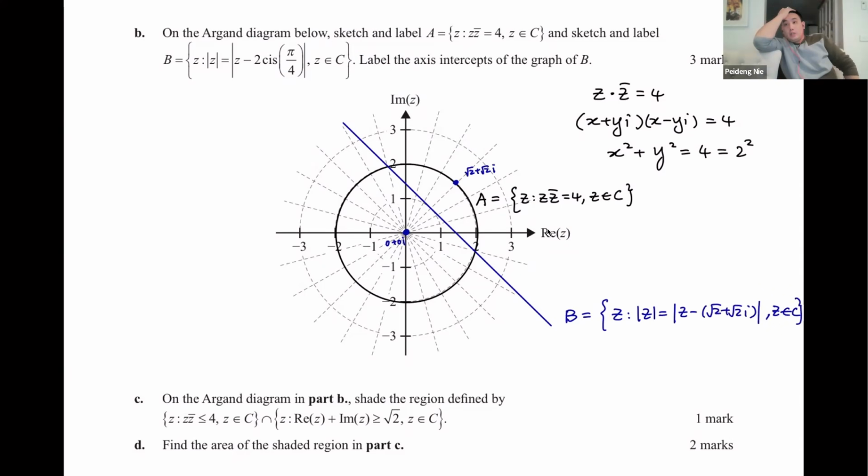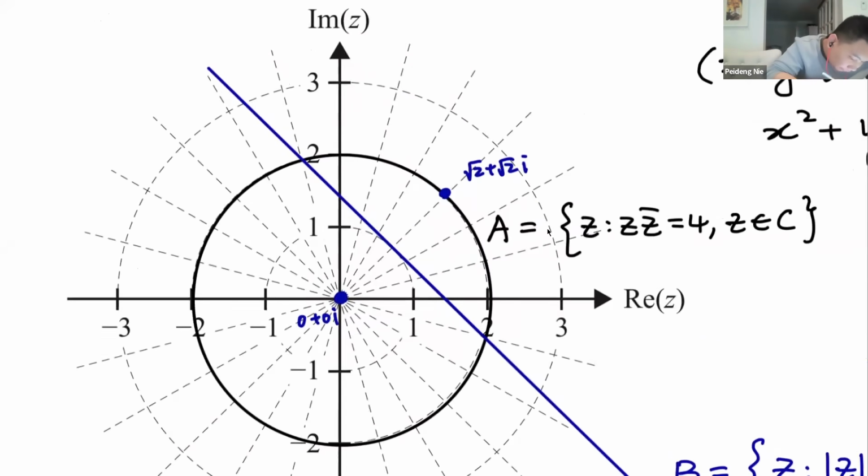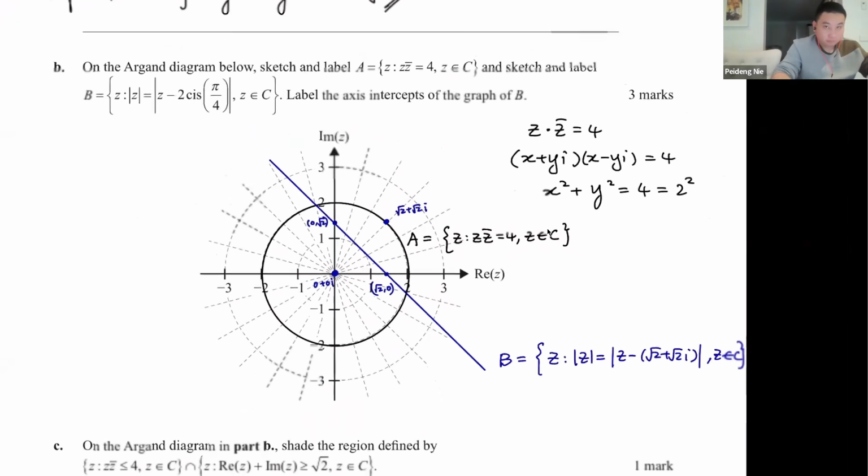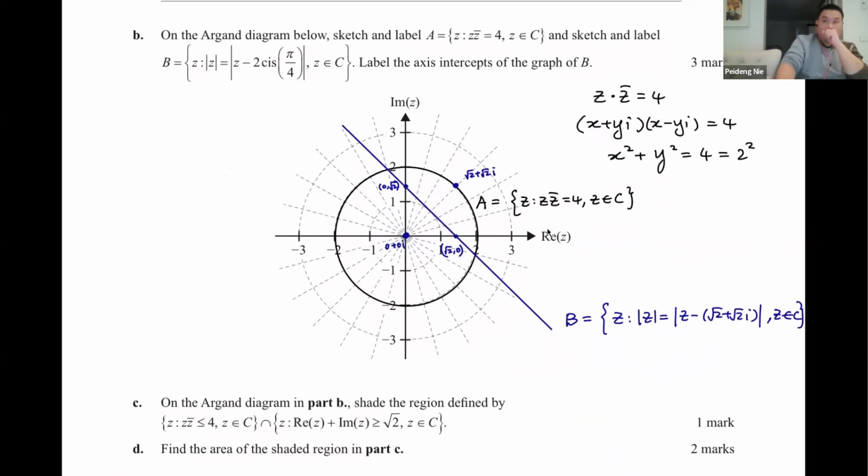And finally, don't forget to label the axis intercepts for the line B. I suppose you mark it clearly here. Okay. Right.